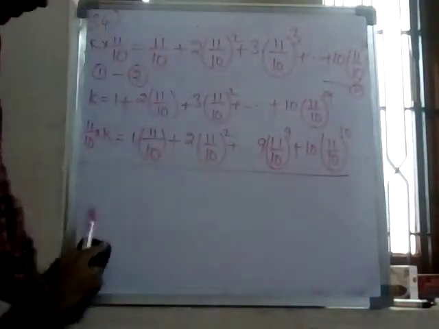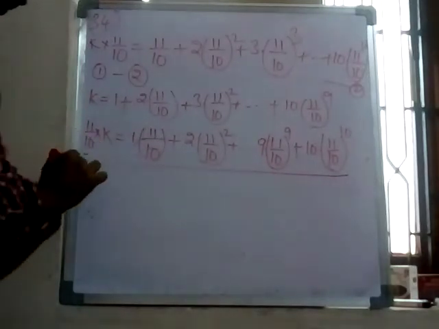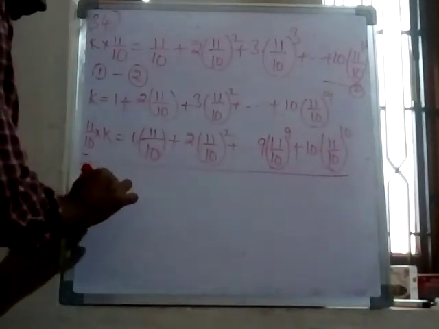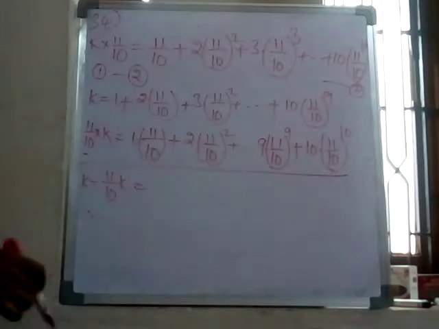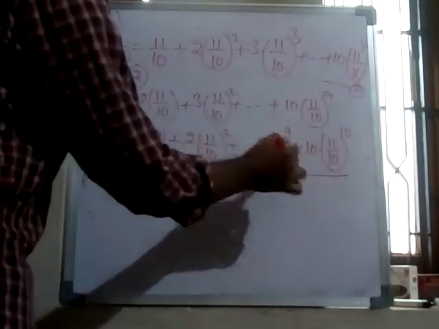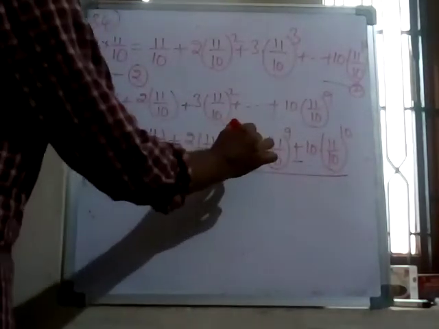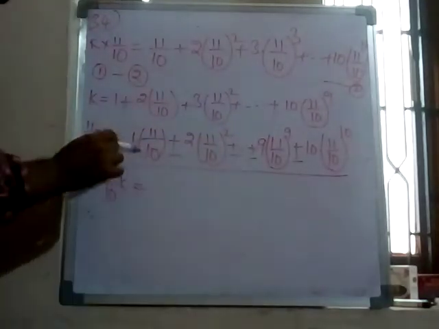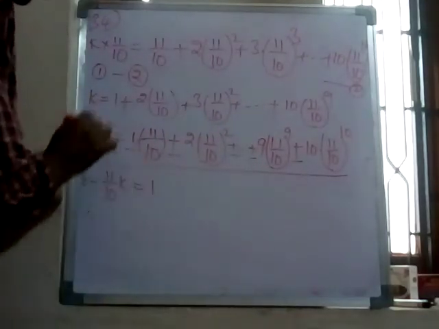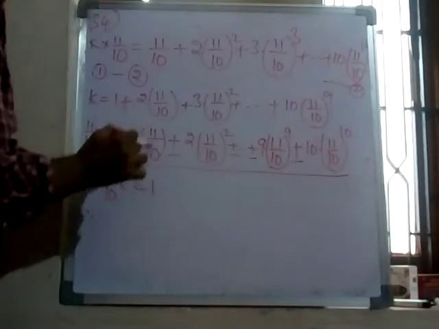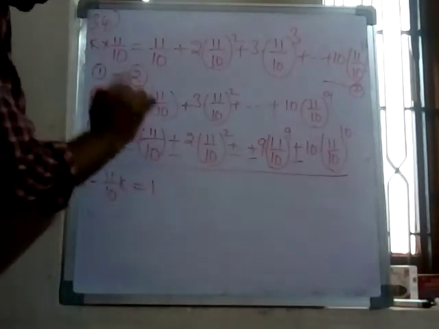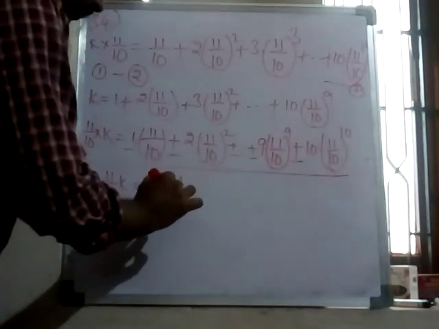So now do the subtraction. k minus 11 by 10 k is equal to, here negative, negative, all are negative. This one also negative. Here 1, this one 2 times of 11 by 10, 1 times of 11 by 10, means we get 1 times of 11 by 10.